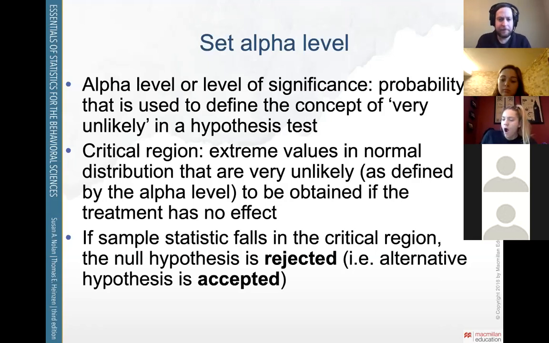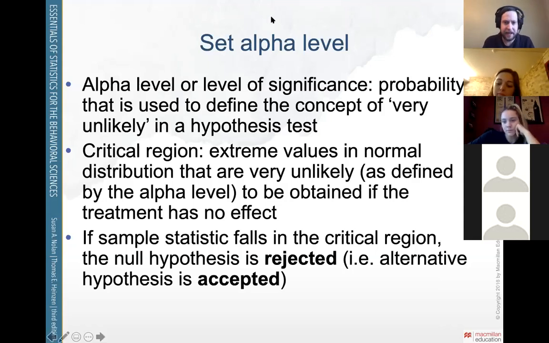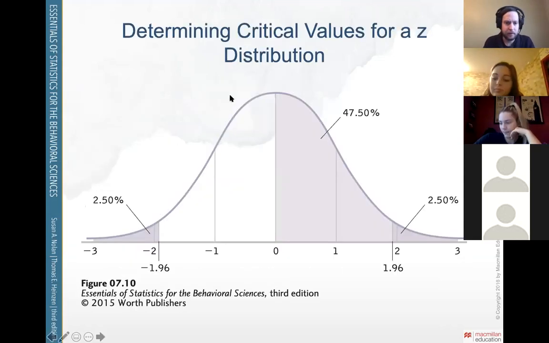So if our alpha level is 0.05 and we have a two-tailed test, please remember that you take those two tails and divide the 5% evenly among them. With alpha equals 0.05, there's going to be 2.5% in one tail and 2.5% in the other tail.